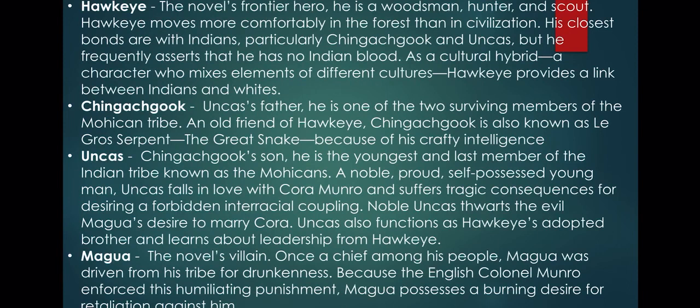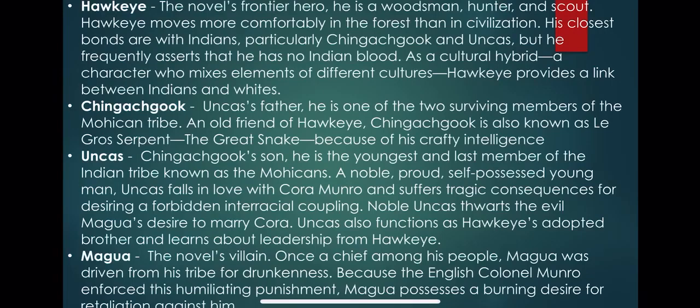Magua is the novel's villain. He falls in love with Cora and tries to take her as his wife, even if she doesn't want to. So he's the villain of the novel.